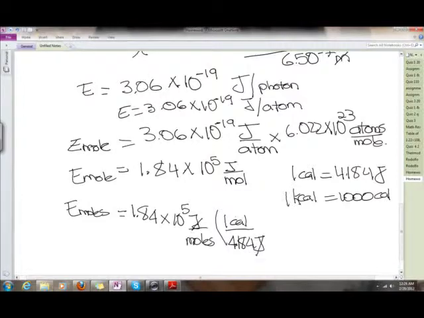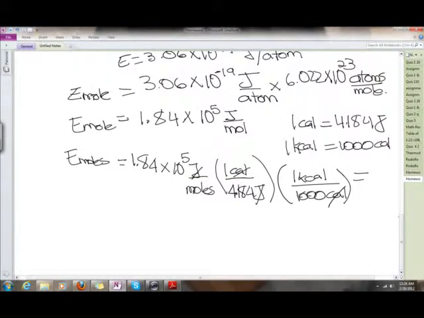Joules and joules cancel out, right? And now let's take it to kilocalorie, with the desired unit on top and the given, the one we obtained from the first conversion, on the bottom: calorie and calorie cancel, and it's going to be kilocalorie.